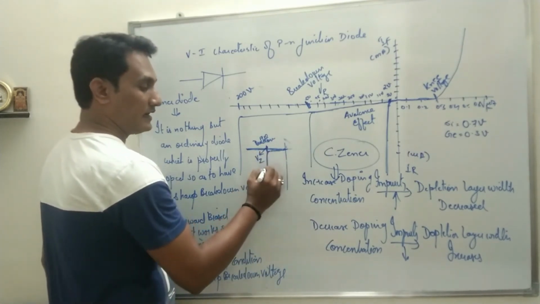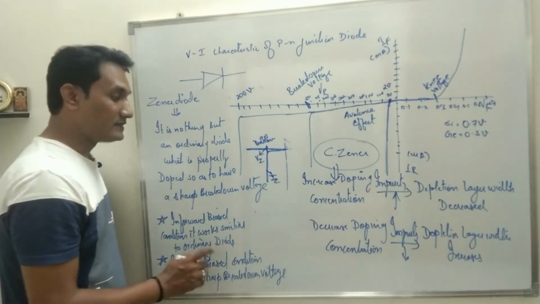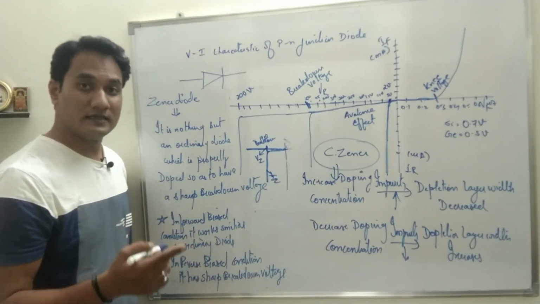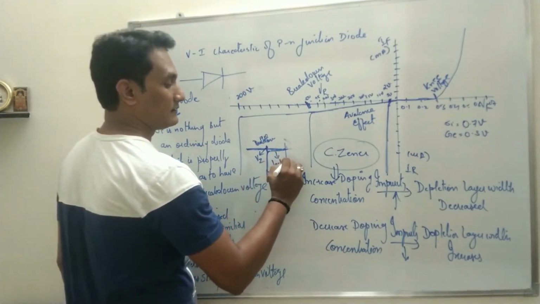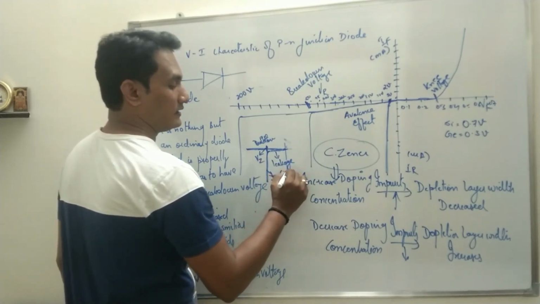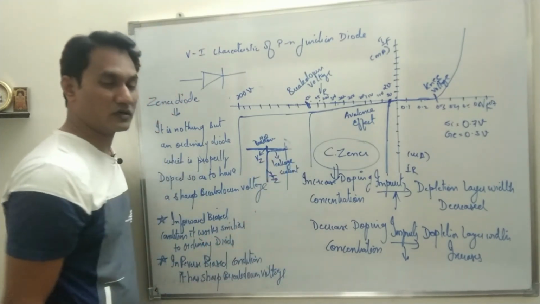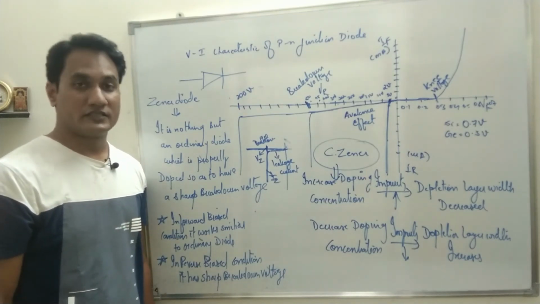This is the Vz, and the current flowing is represented by Iz. The third region in which it works is called leakage. This is the leakage current, which means the negligible amount of current flowing because of minority charge carriers.